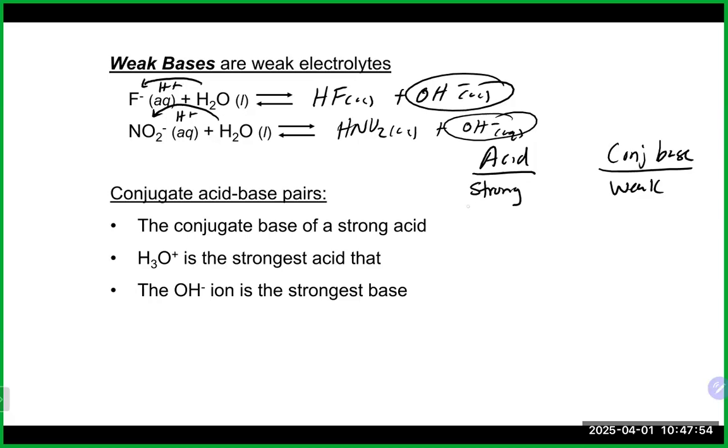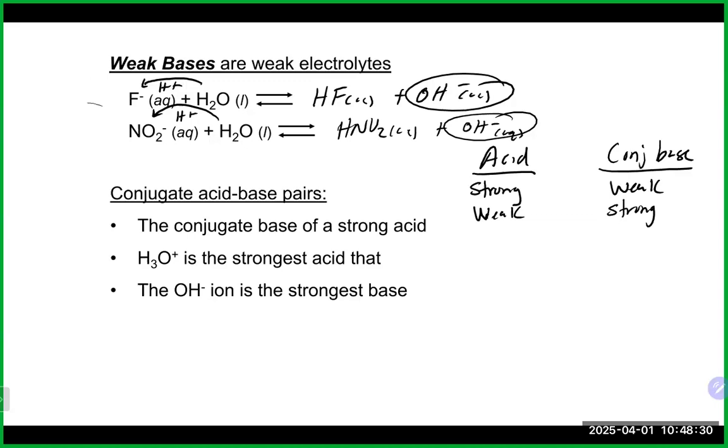If you have an acid that is a weak acid, its conjugate base will be relatively strong. Now, what we mean by relatively strong is it has the ability to actually continue to react with water. And those conjugate bases can continue to react with water in a reaction known as a hydrolysis reaction, and it can actually affect the pH. Now, these conjugate bases are not strong bases, but they're strong in the sense that they can continue to react.